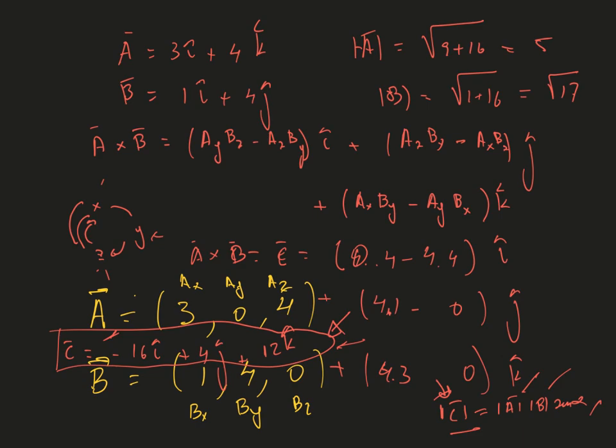Do it to see what happens. A cross B, which is C, is the magnitude of A by the magnitude of B by the sine of alpha. It will be the magnitude of C. So you know the magnitude of C, of A, and of B, so you can find the angle between the two vectors.